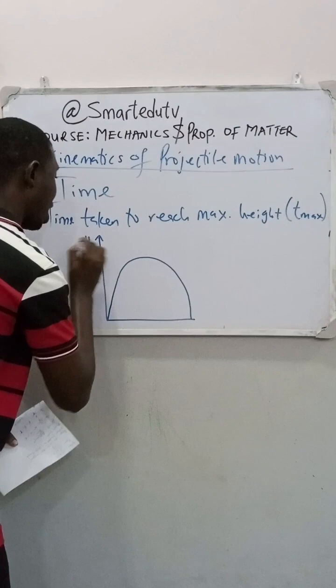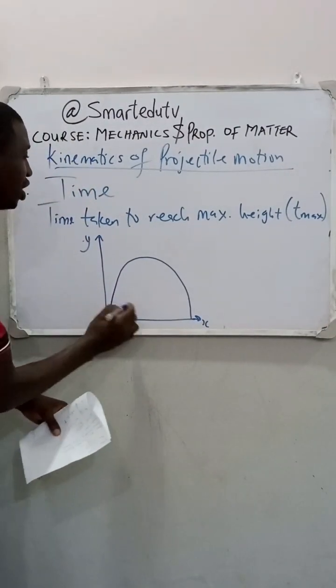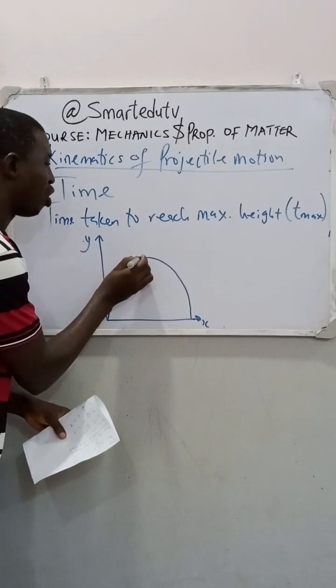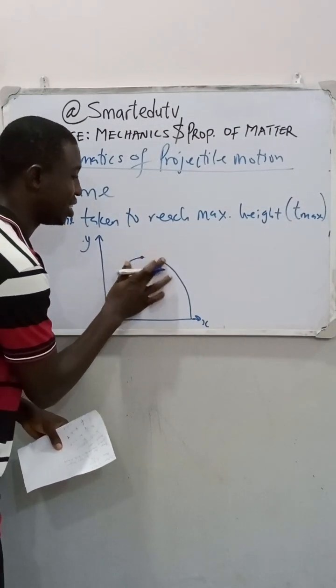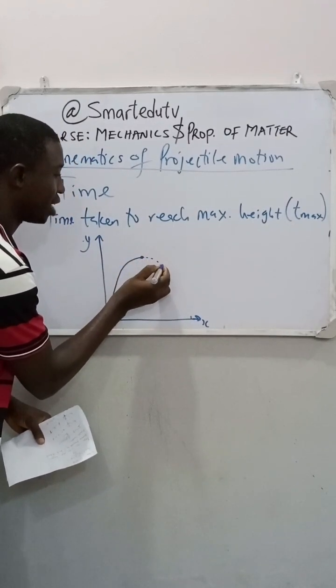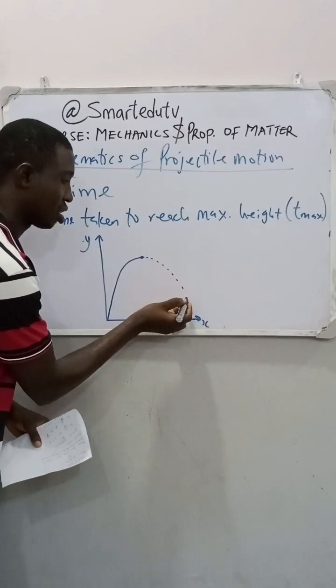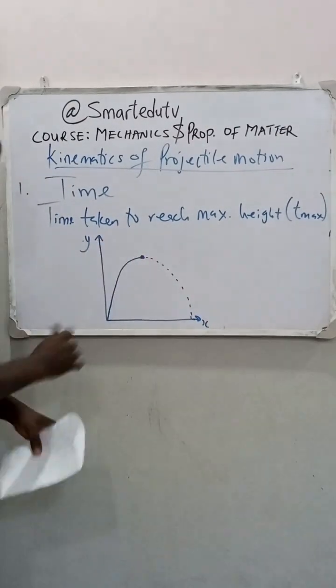Don't forget, this is along the y-axis and this is along the x-axis. The object is moving. It gets to a particular peak, a particular point. It then starts decelerating and coming down. So this is the maximum height it can reach.